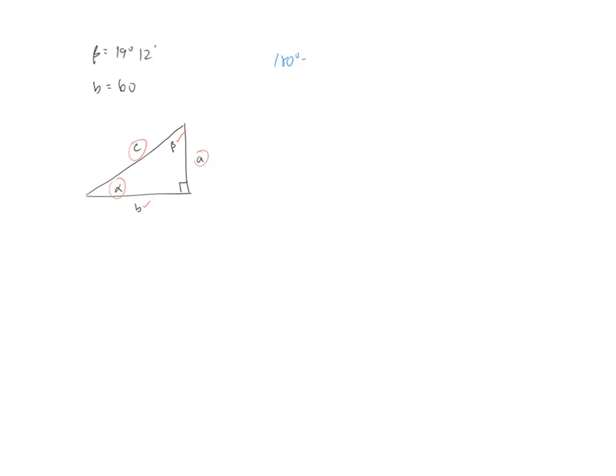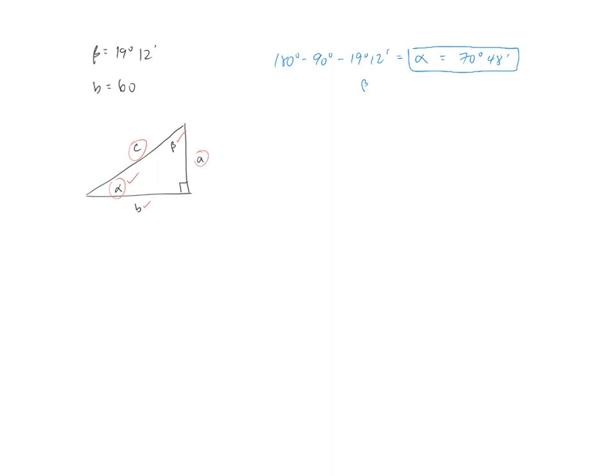So 180 minus the 90 degrees minus the 19 degrees 12 minutes, and remember that was beta. That should give us what alpha is. So by punching those numbers in our calculator, you can see that alpha would end up being 70 degrees and 48 minutes. So there's our alpha.